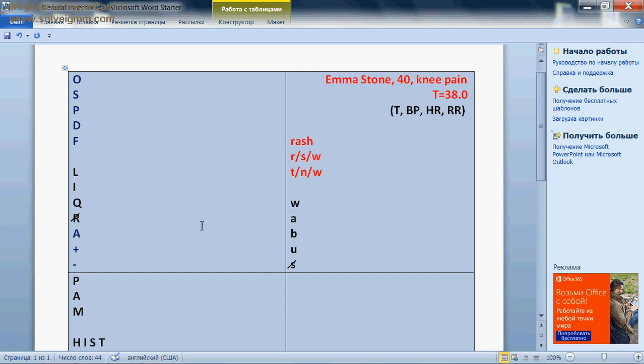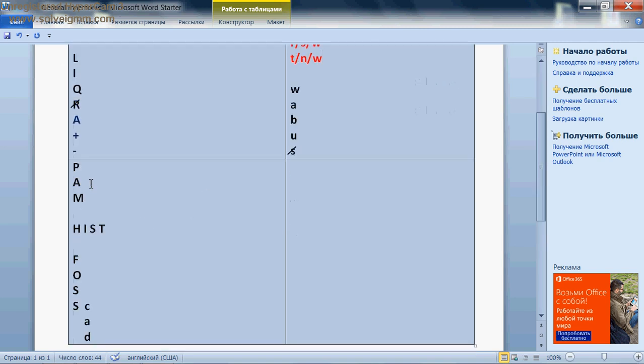Then we move to the lower left quadrant of our blue sheet, which is PAM HIST FUS. P is for any previous episodes of similar complaint. So P is previous. A is allergy.